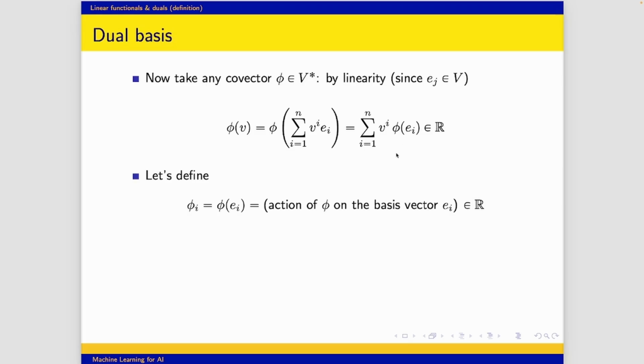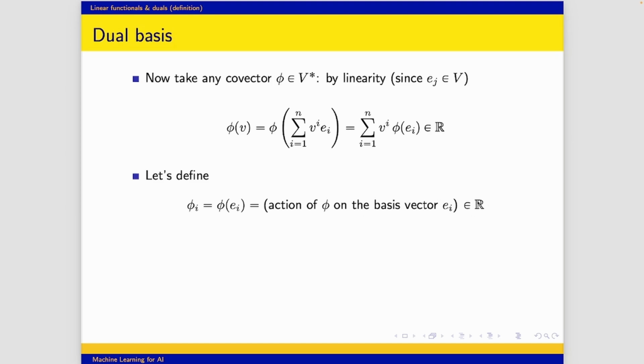Okay. Now let's define phi subscript I as these quantities here. The linear functional acting on the ith basis vector in V, the basis we've chosen. So this is nothing more than the action of phi on the ith basis vector in V that we have chosen.